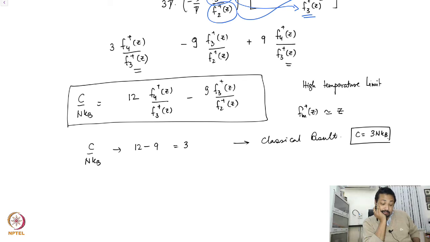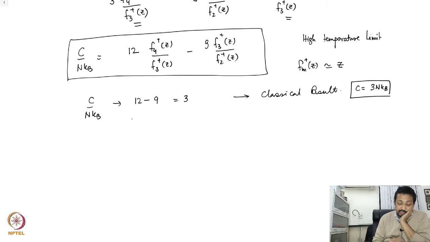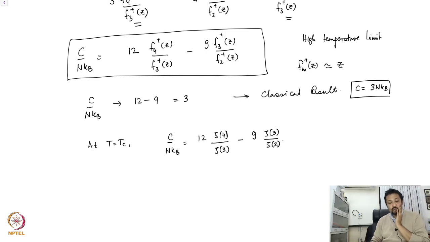Now the interesting thing is what happens at T equal to Tc. At T equal to Tc, one has C over NKB as 12 times zeta 4 divided by zeta 3 minus 9 times zeta 3 divided by zeta 2, the Riemann zeta function.